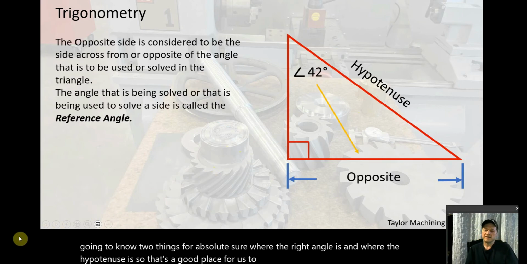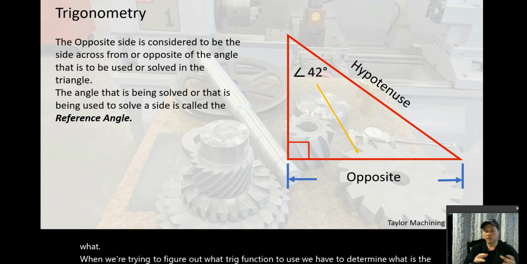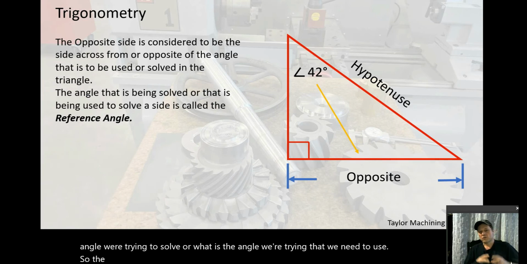Now last week I did try and explain about, when trying to figure out what trig function to use, we have to determine what is the angle we're trying to solve, or what is the angle that we need to use. So the angle that is being solved, or the angle that is being used to solve a side, is called the reference angle.